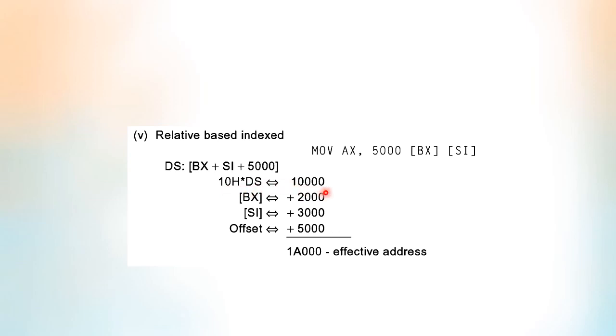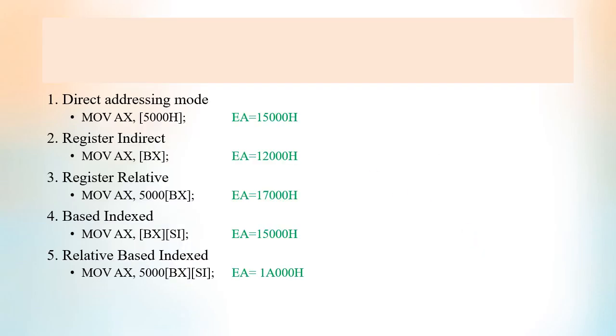Then we have to add the values in the BX register, SI register and the offset together, and we'll get the effective address as 1A000H. The value at this memory location should be copied to our AX register. So these are the effective addresses for the 5 addressing modes in the example.